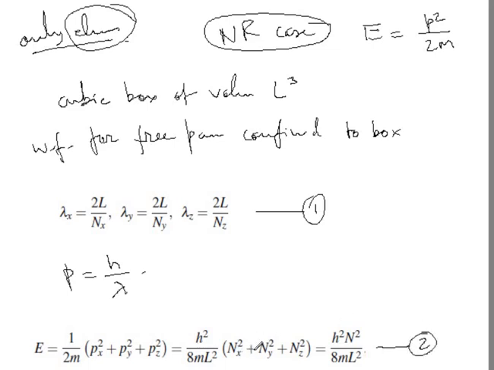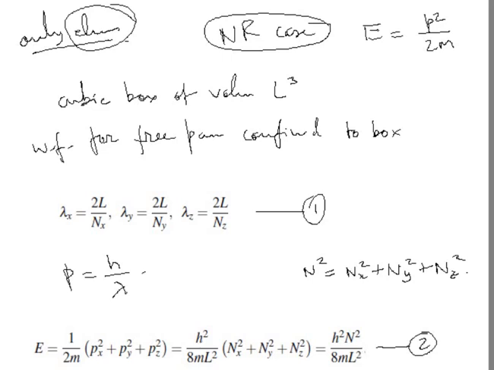Note that n squared is equal to nx squared plus ny squared plus nz squared. Fundamentally this is the result of the uncertainty principle, in that the minimum momentum of a particle is constrained by the maximum volume that the particle may occupy. From the exclusion principle, we know that no two fermions can occupy exactly the same state.